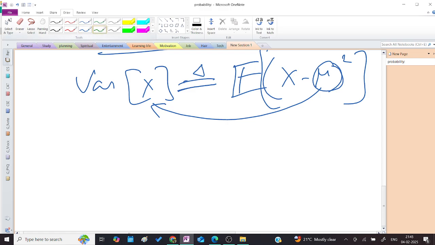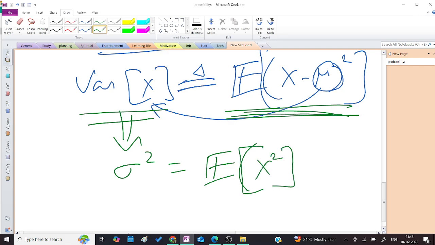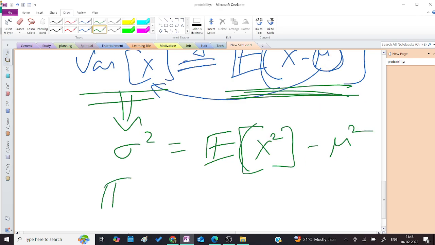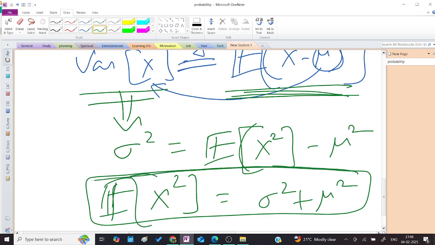So this is represented by sigma square, which, if you evaluate this equation, finally you will get expectation of x square minus mu square. Okay, or expectation of x square equals sigma square plus mu square. This is an important formula.